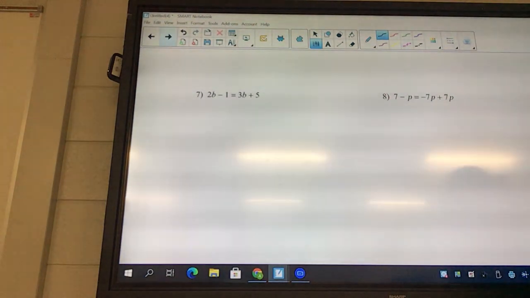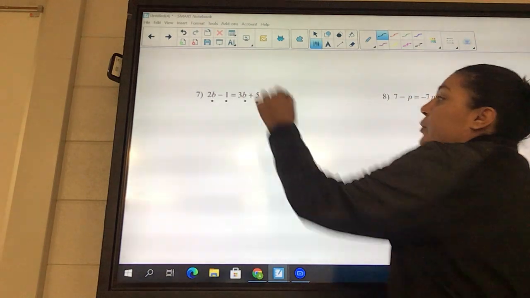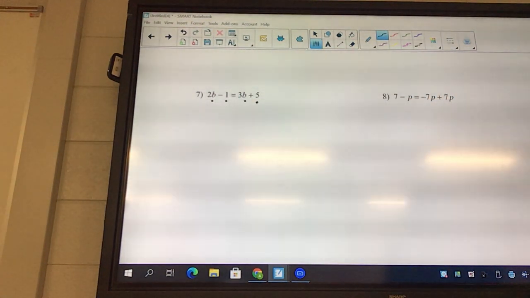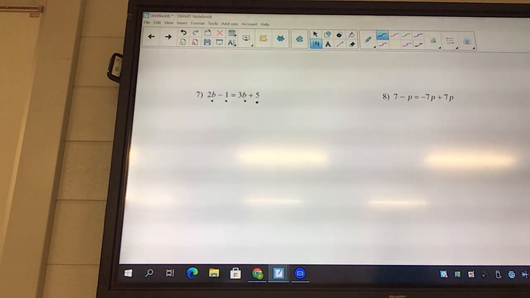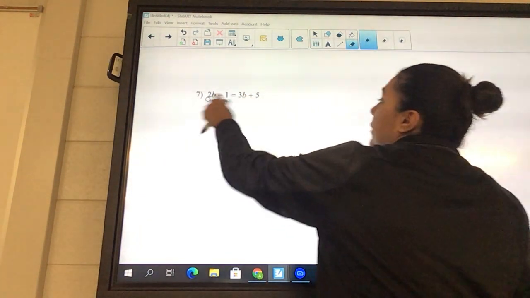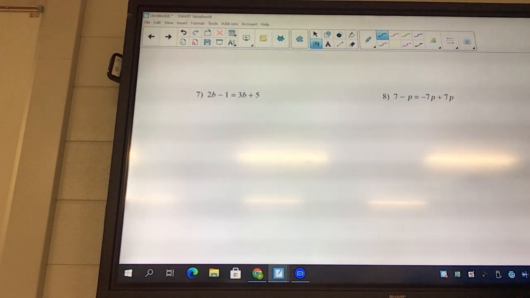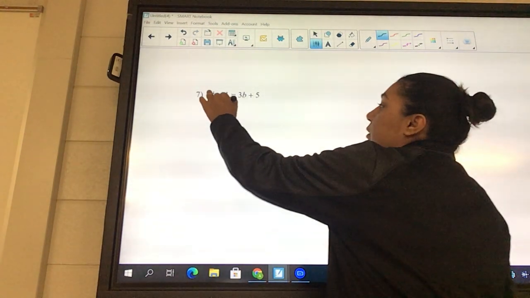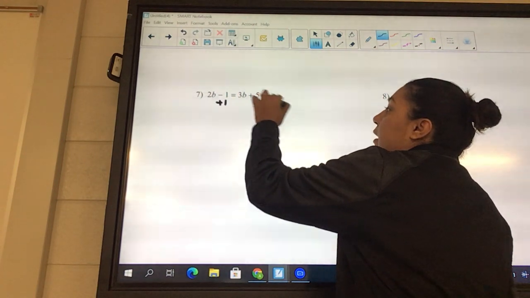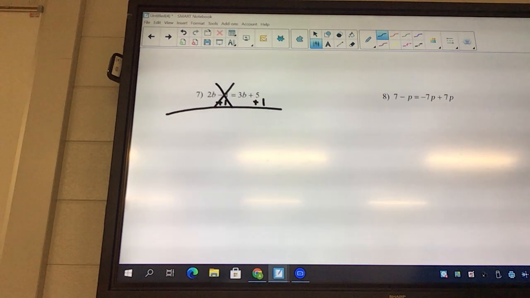Okay, look at 7. I've got 1 piece, 2 pieces, 1 piece, 2 pieces. Is there anything for us to combine? No. You should have 2 pieces on both sides. If you have more than that, then that's when you need to combine. So what needs moved? The 1 needs moved over, so we say plus 1, and it's got to go under that 5. What else needs moved?